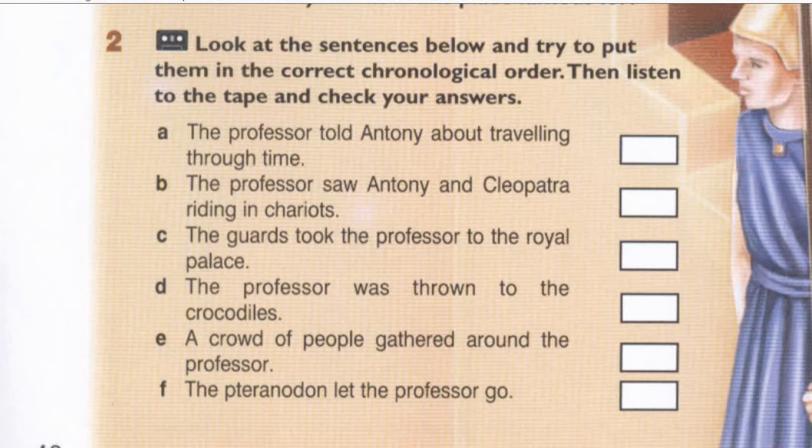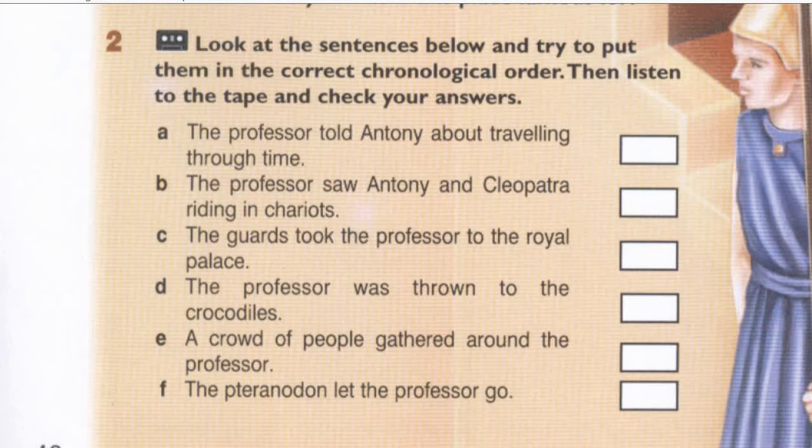Okay, very interesting history. And so just to explain to you, Cleopatra was a very charismatic and beautiful queen of Egypt. How about Antony? Actually, Marcus Antonius was a Roman general, and then later happened to be her husband.